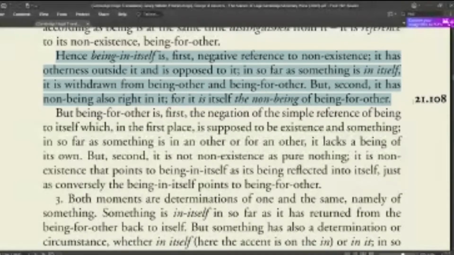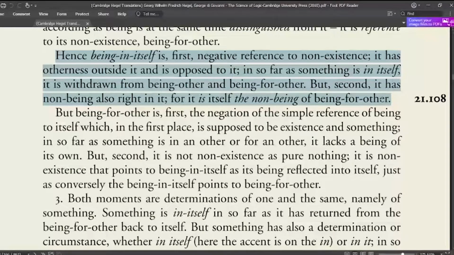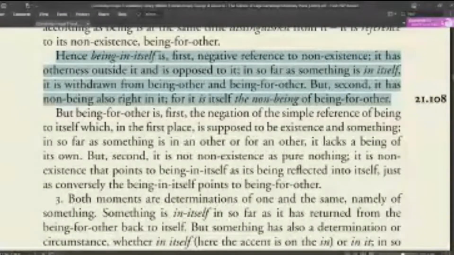Being itself seems to be a self-reference, but a self-reference of what? It's the negative self-reference of the non-being of that other non-being. Therefore, it is being for other. It has the structure of otherness hidden within it.